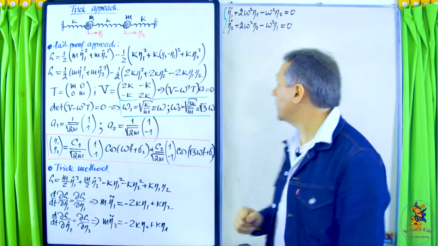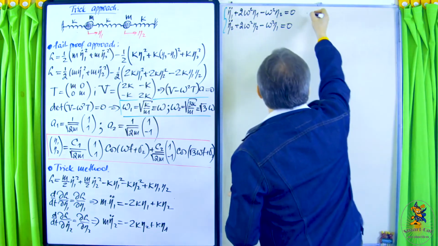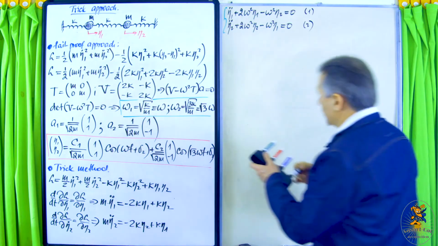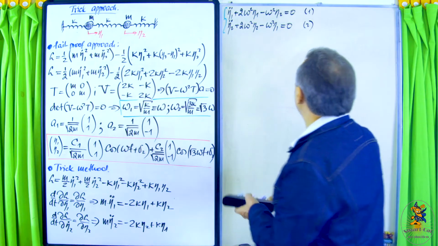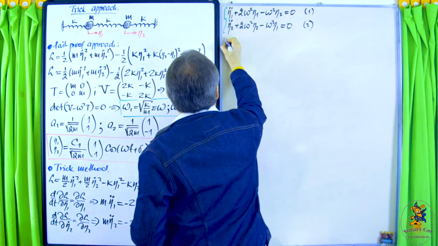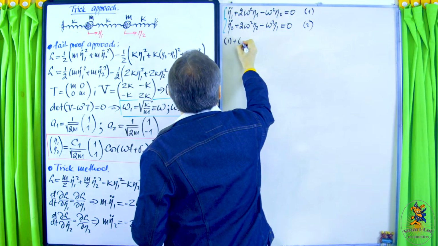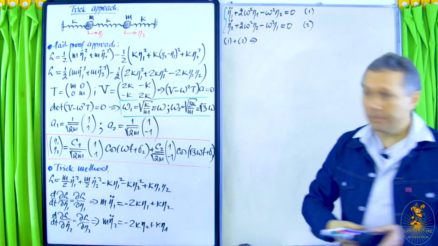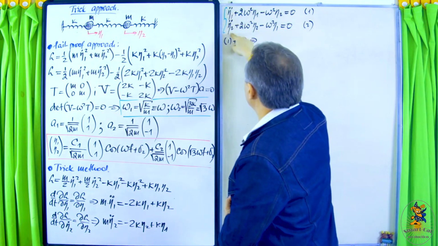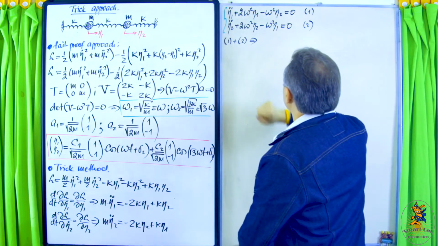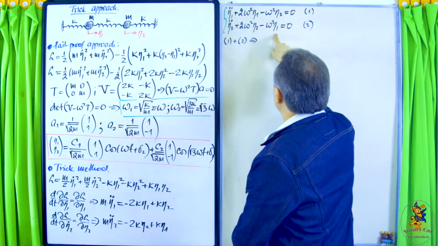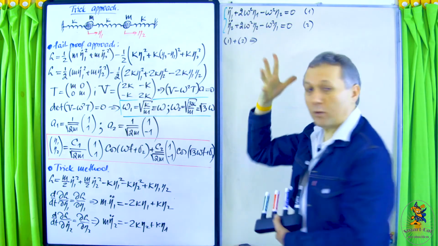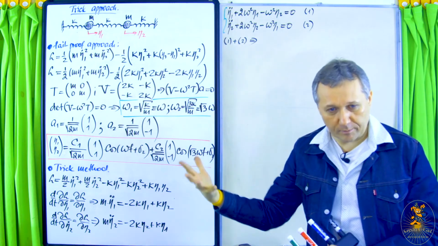In which way? Let me label this equation 1, and this equation 2. What if I add equation 1 and equation 2? We will get eta 1 plus eta 2 double dot. Then here we have eta 1 and here eta 1. If we add them, here we have plus 2, here minus 1, we will get omega squared eta 1.